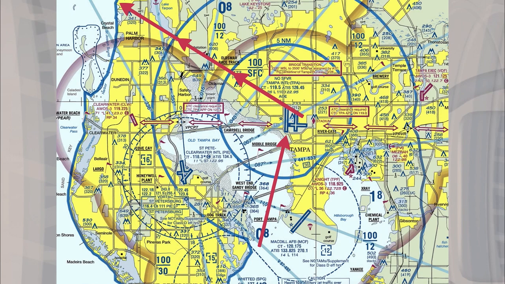It's between the flag there that says Yankee next to it and the flag that says chemical plant. So if you see that 100 over 12, that's 1,200 feet shelf up to 10,000. They're just kind of reminding you.